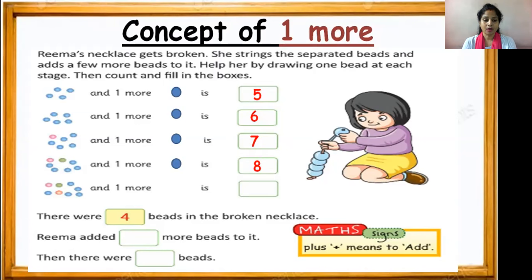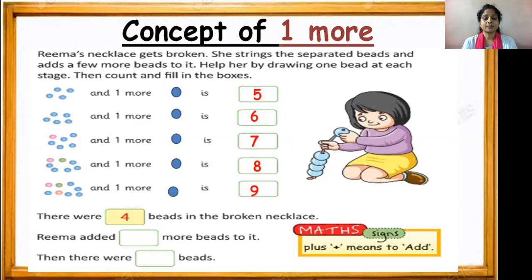Wow. Now, at last, she has 8 beads. And if she takes one more bead like this, then she has, what is the next number of 8? It's 9. So now she has in total 9 beads in her necklace.